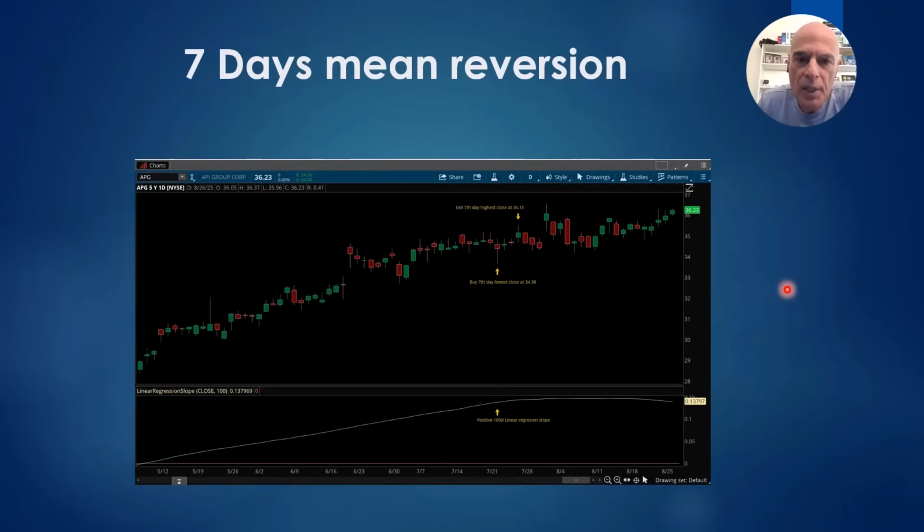On this particular day, we're closing at the 7th-day closing low, so we buy at the close, and we still have a positive 100-day linear regression, and we sell 3 days later at the close because the stock has reached a 7-day closing high.